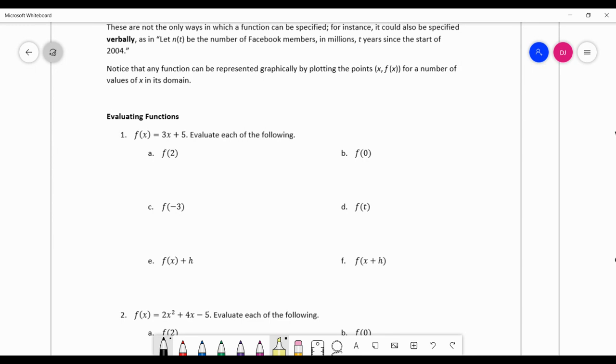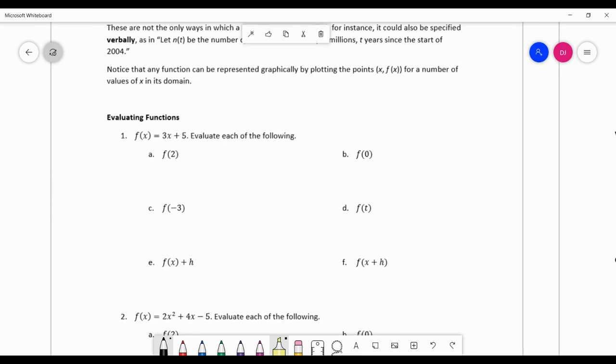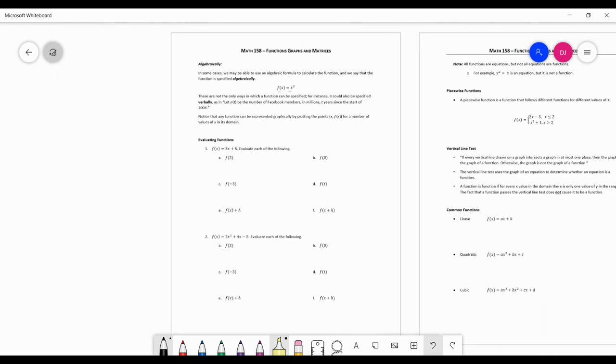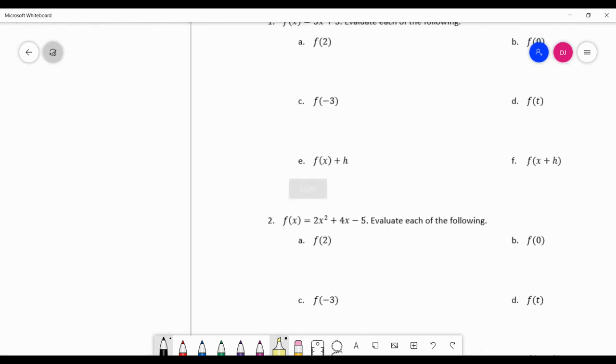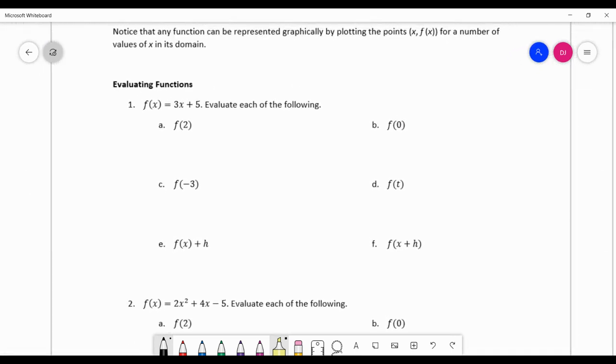Suppose f of x equals 3x plus 5. How would I find f of 2? Notice instead of f of x, I'm finding f of 2. So instead of x, I'm going to have a 2. That would be 3 times 2 plus 5. 6 plus 5 is 11. So f of 2 would equal 11.